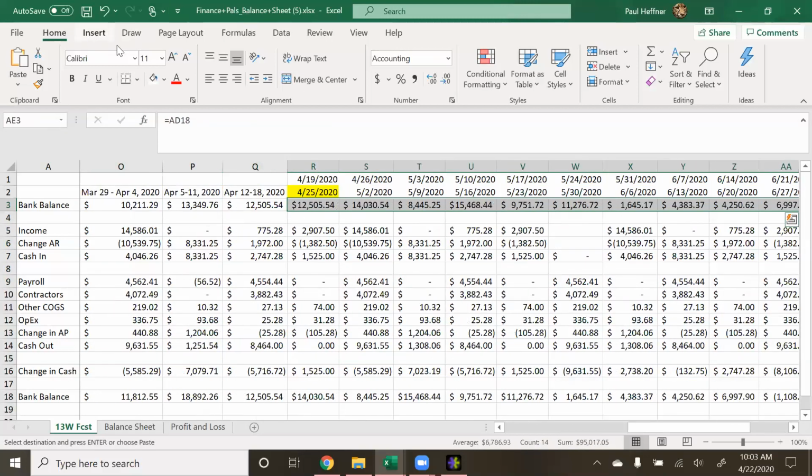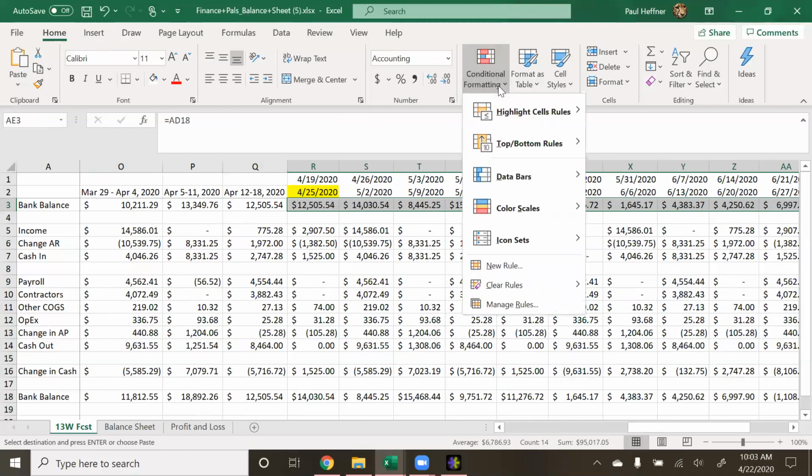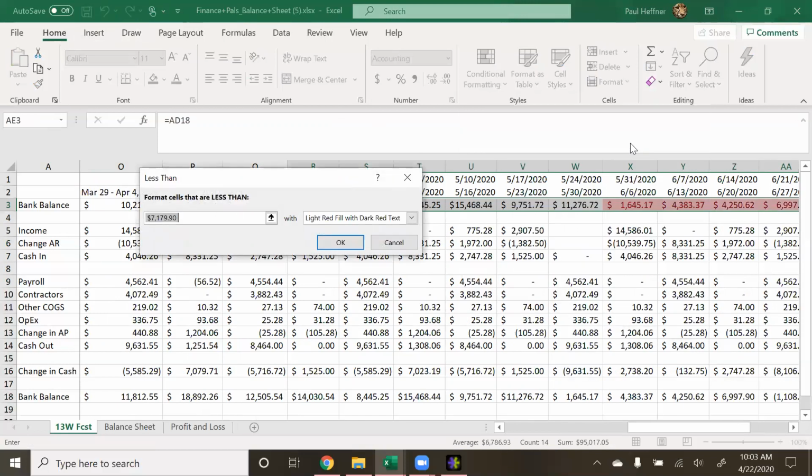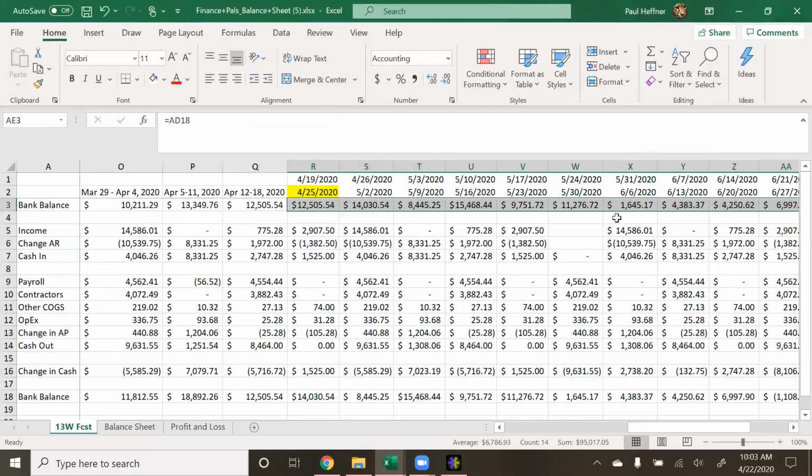You can do conditional formatting. We'll say if it's less than 0, just to make it jump out.